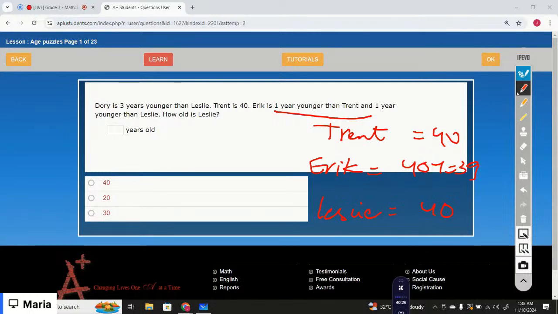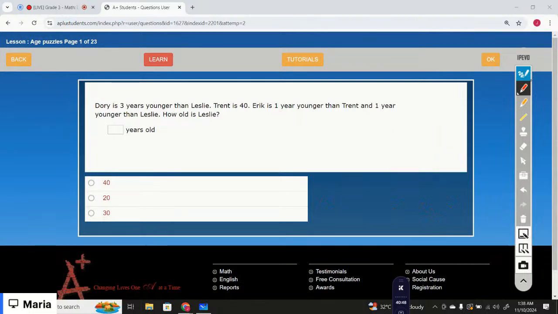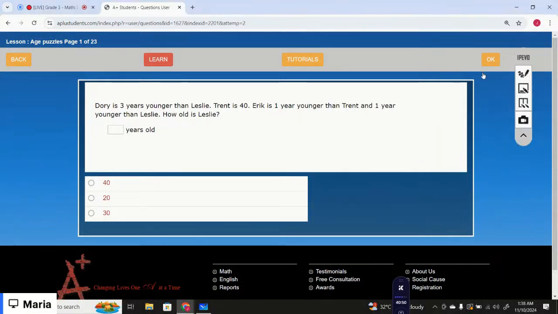So which option is the correct one? The correct option is 40. Option number 1 is the correct option.